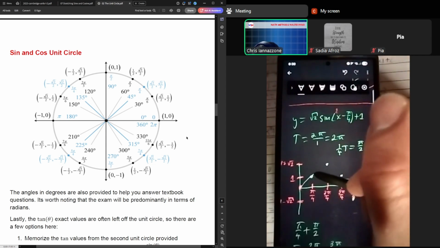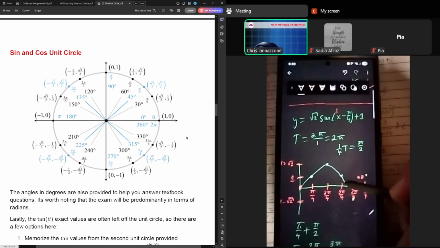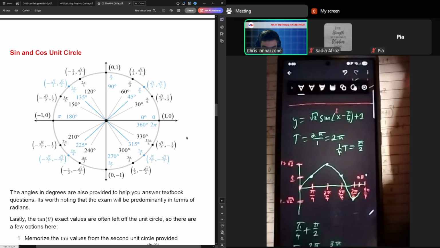So if you draw all that out, one of the things to keep in mind is that you have to stop. You can't just go straight through here because our domain ends at 2 pi. So it's still good to have that tick there to tick it all out, but we do need to make sure that we stop at 2 pi.